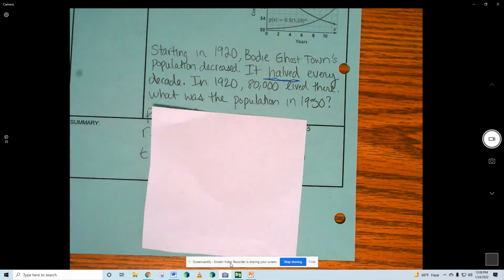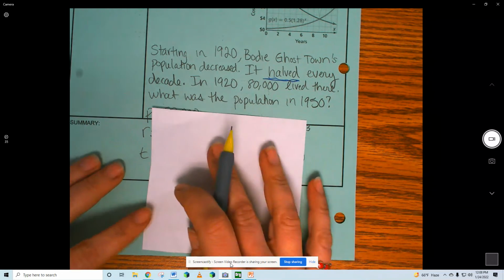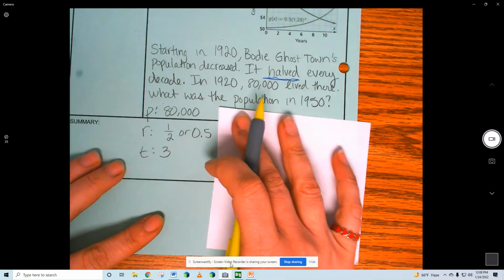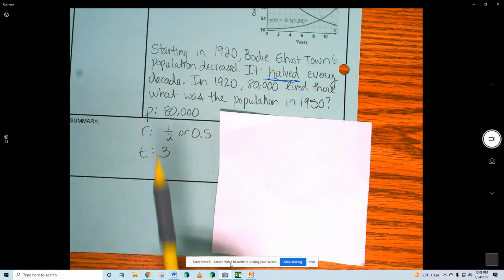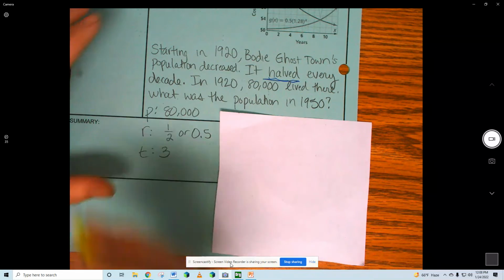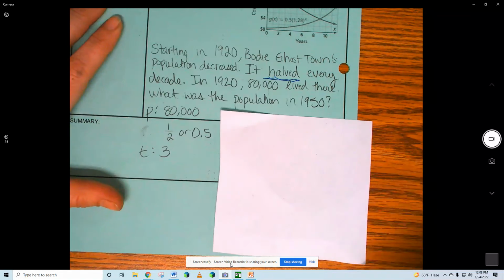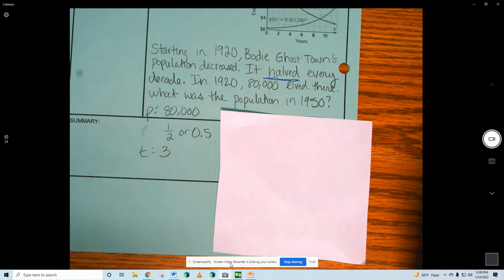So, what did the population of the town start at? 80,000. Great. So I put that down. Let's talk now about the rate. I'm not going to do a 1 minus. This is like the problems we had in homework where it doubled or tripled. I'm going to use a half or 0.5. It's whatever you prefer.